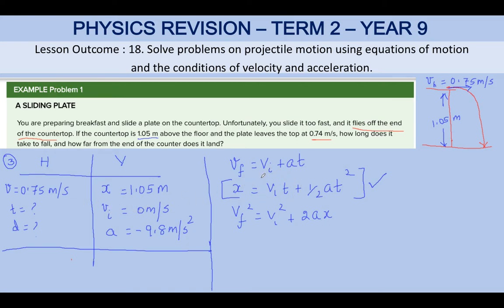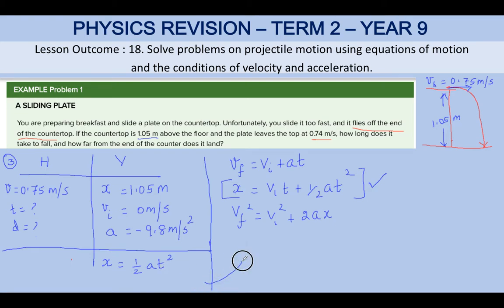So one complete expression gets eliminated. You would be left with x equals half a t squared. All you need to know is the vertical height, and you can immediately find the time taken. So I repeat, for a perfect horizontal projection, all you need to know is the vertical height to find the time.